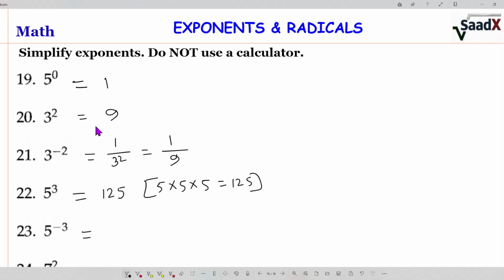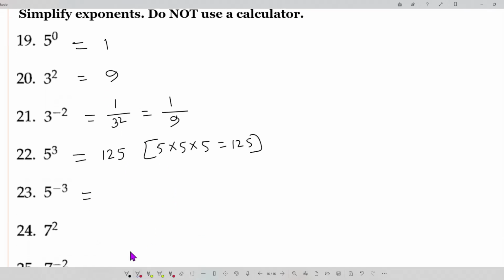Similarly, 5 to the power minus 3 is a negative exponent. We can write 1 by 5 to the power 3. So our answer is 1 divided by 125. How?